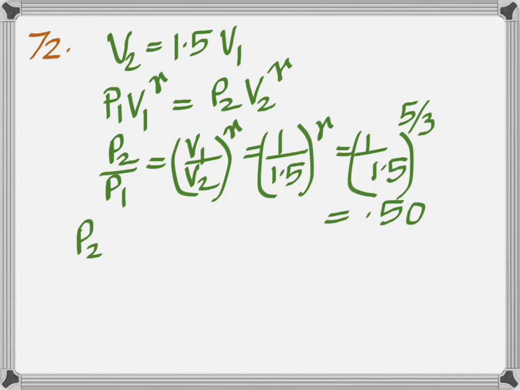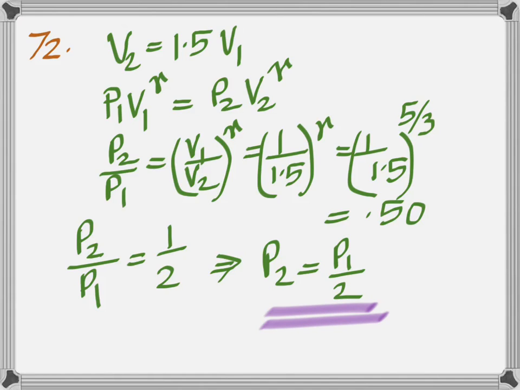Raised to 5 by 3. And that comes out to be 0.5. When you do 1 by 1.5 raised to 5 by 3, you get 0.5. So we got P2 by P1 as 0.5. That means P2 by P1 is 1 by 2, P2 is P1 by 2.